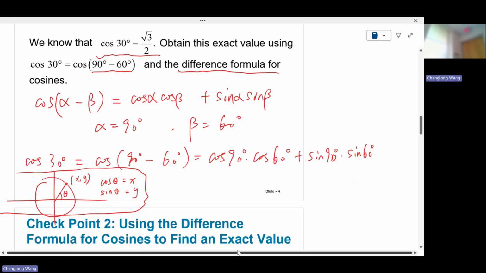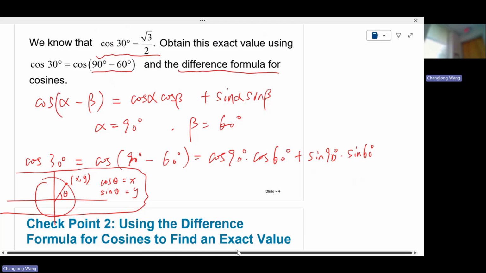So now what if I make the angle 90 degrees? That point has to be on the y-axis. So what kind of x value are you looking at for a point right there on the y-axis? 0. And that's why cosine 90 will be 0. You kind of have to remember the rule, but you don't have to remember those super simple facts.